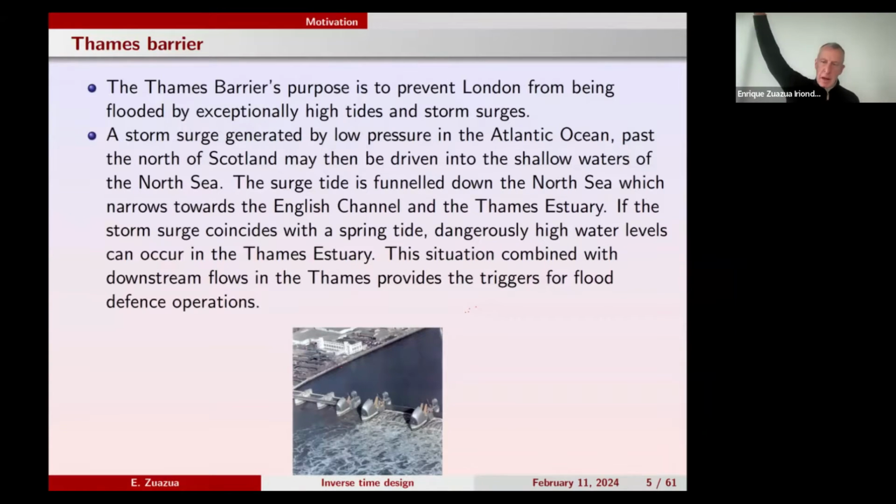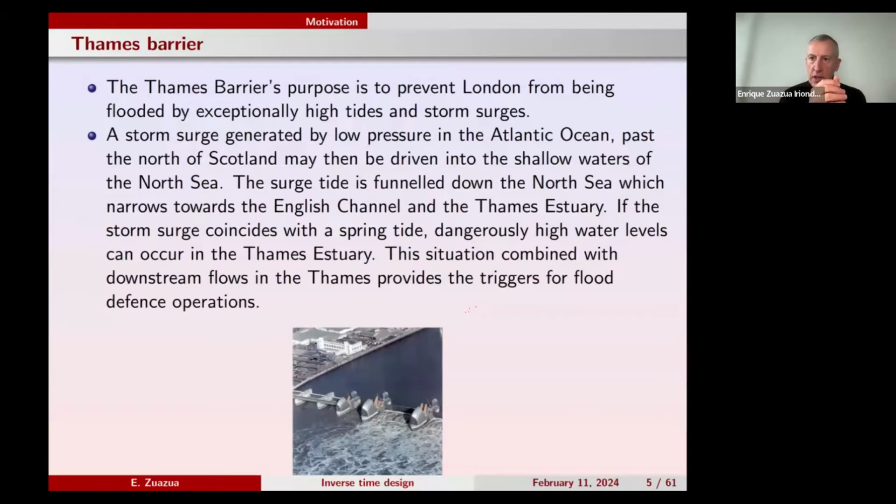So whenever a huge mass of water is detected in the North Pole, traveling towards the British Islands, then immediately there is a protocol of simulation that is launched in order to anticipate when this huge wave will reach the Thames estuary, and to determine what is the expected impact that this might have, to determine whether they should close the gate or not.